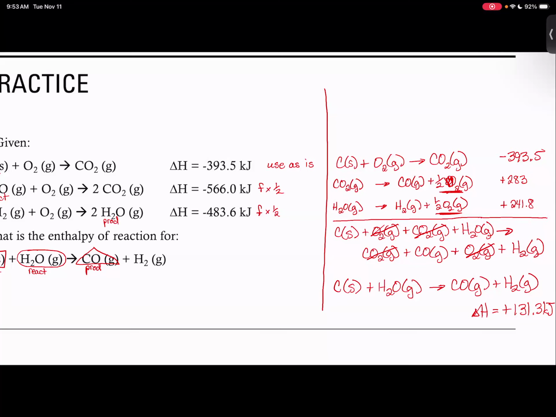On the right-hand side of the arrow, there was a carbon dioxide gas, a carbon monoxide gas, 1/2 oxygen here and 1/2 oxygen there, which made a full oxygen gas, and a hydrogen gas. So I then canceled out the things that appeared on both sides, and it was left with the target equation.